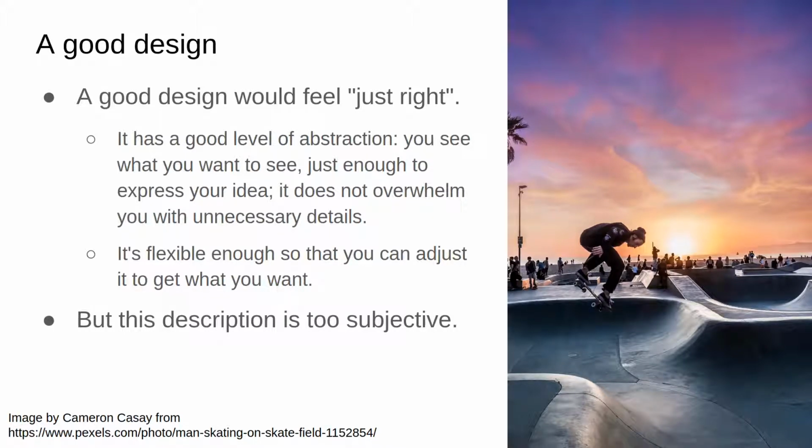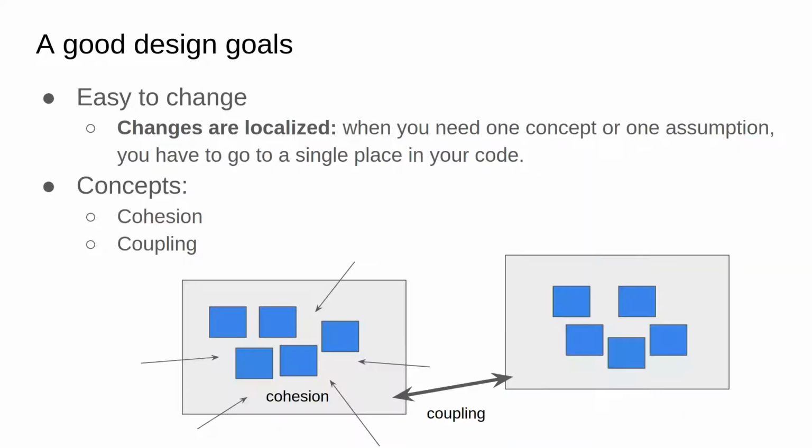But this description of a good design is very subjective, and it doesn't tell you how you're gonna get a good design. All right. So there are many criteria for a good design, a more objective one.